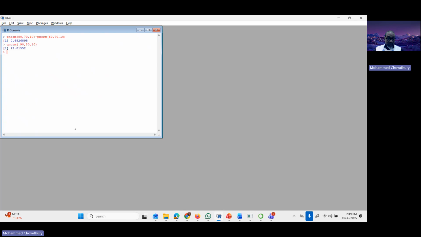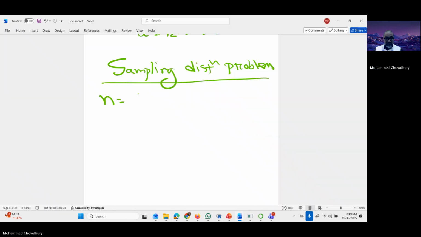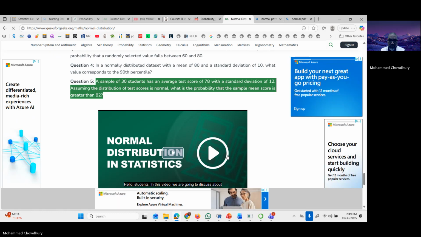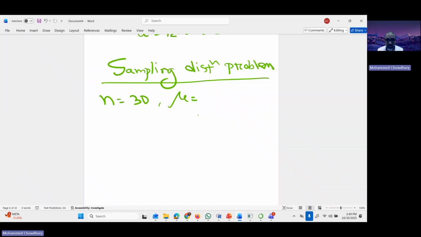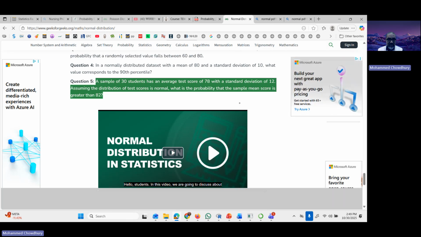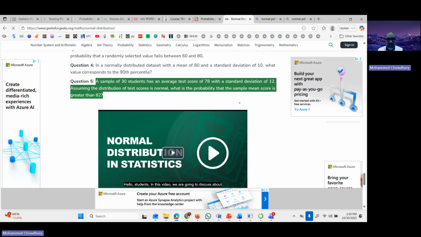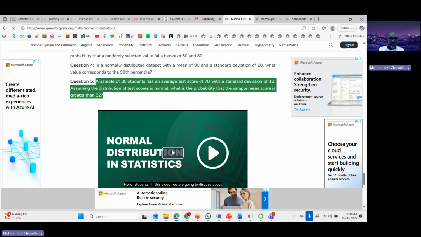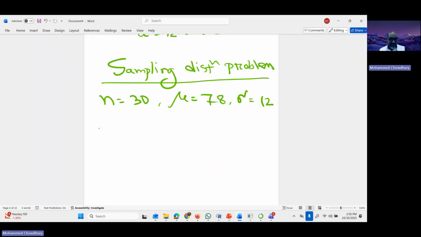A sample of 30 students has an average score of 78 with standard deviation of 12. This is what we are given. Assuming a normal distribution of test scores, what is the probability the sample mean score is greater than 82?